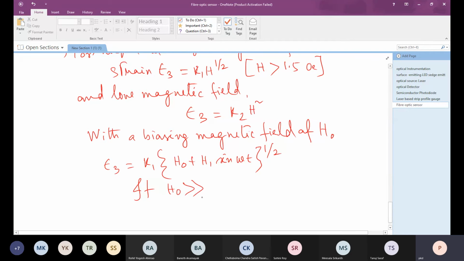If H0, the biasing field, is much greater than H1, then we can neglect this one.